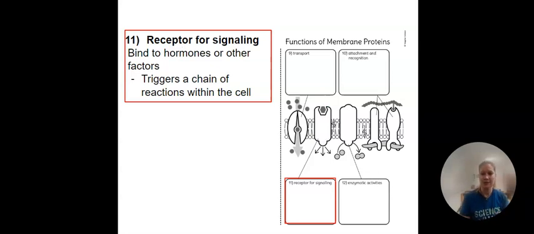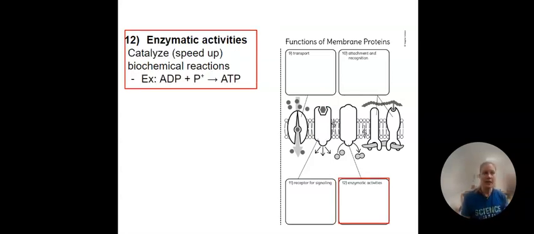And then the last function of proteins is enzymatic activities. There are certain proteins embedded within the cell membrane that are enzymes. Enzymes are special proteins that speed up or catalyze biochemical reactions. For example, making ATP energy for the cell.